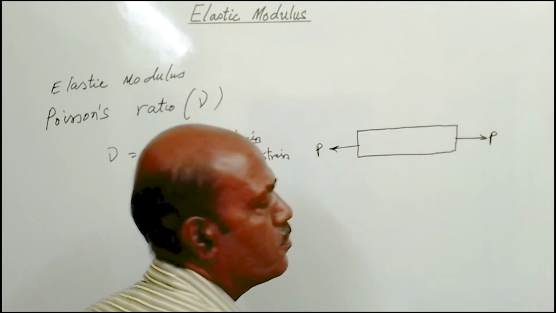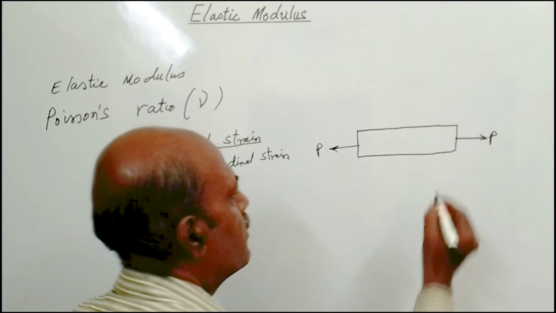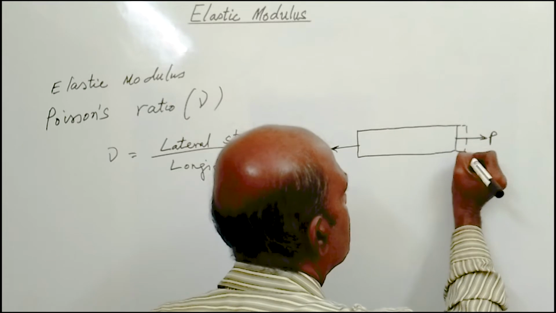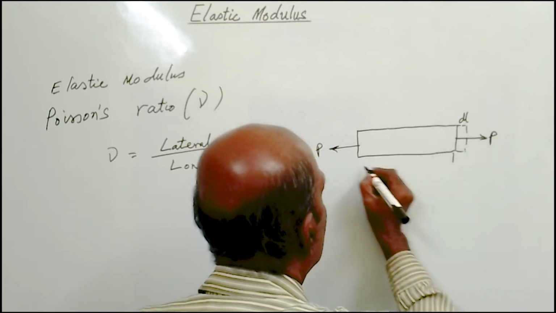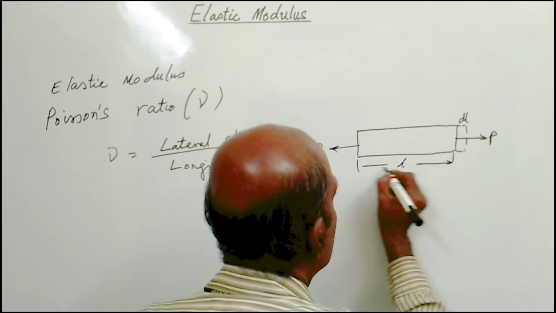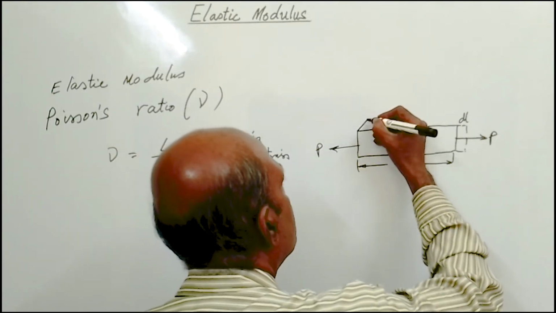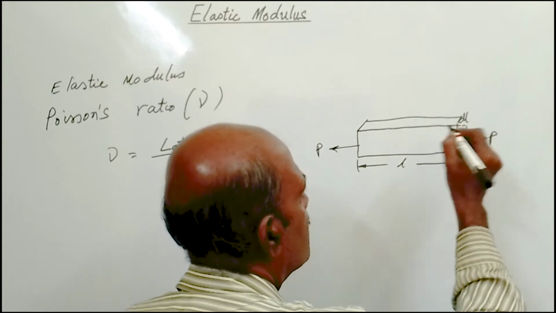Because of this direct load acting over the body, deformation in the direction of the load will take place. Say dl is the deformation over a length of L. So let's see the three dimensions of the body.